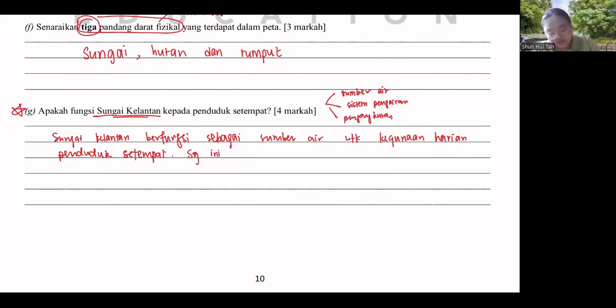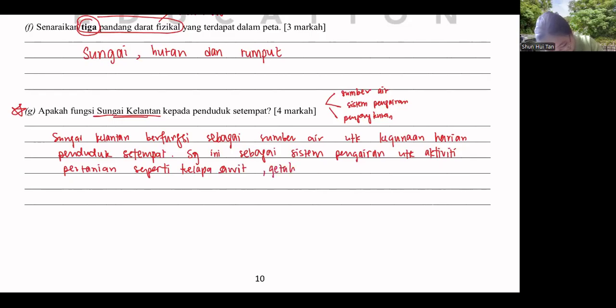Sungai ini, okay, sebagai sistem pengairan untuk aktiviti pertanian. Seperti kelapa sawit, getah, dan padi.